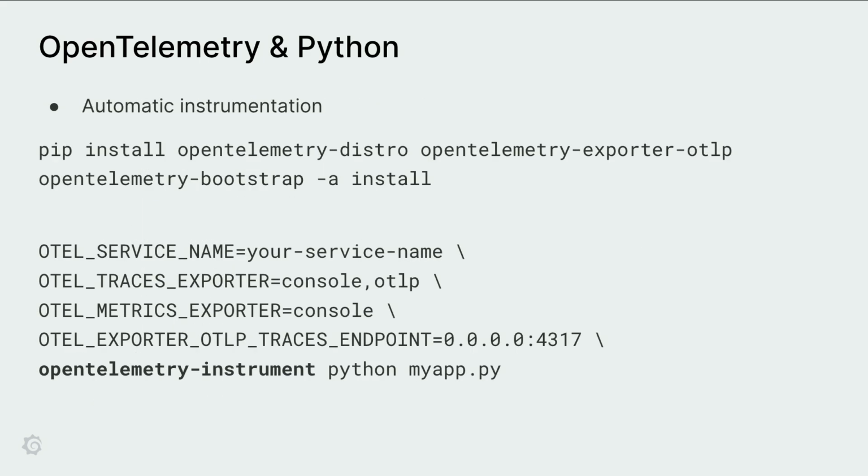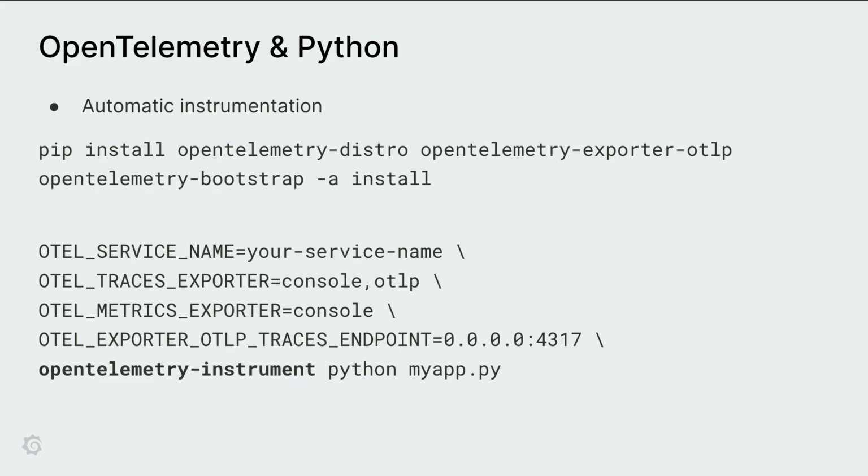With Python, you have two ways to instrument your application. One is automatically. You install this OpenTelemetry bootstrap program. You provide some information about your instrumentation, like the service name, how you want to export the data, and an endpoint, for example, for the traces or for the metrics.